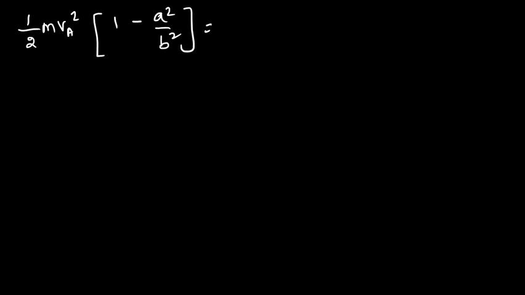So the next step will be, this is basic mathematics to solve all these steps. So if you don't get this, just try it on your own. Practice more, you're going to get this.